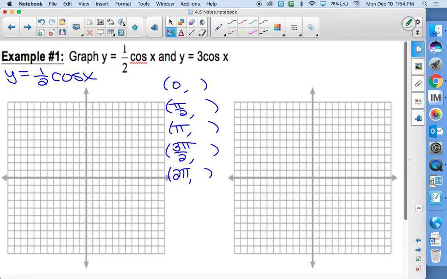So the amplitude affects y because it's a vertical stretch or shrink of the graph. Anything vertically shifting is always y. So even if we're moving something, we're moving the y values, we're shifting the y values.